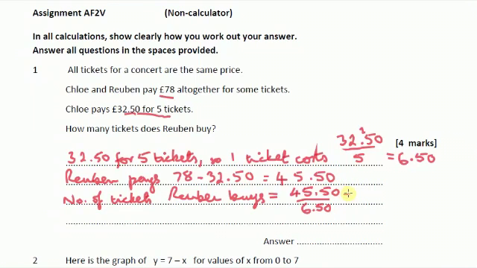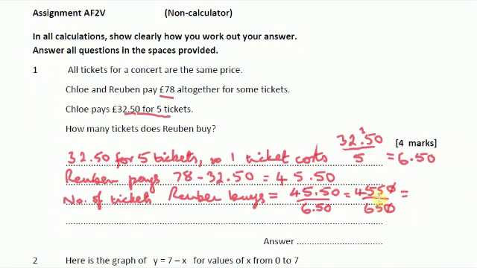You can work this out different ways. I think I'll multiply everything by 100, makes everything easier to get rid of the decimals. 4550 over 650, since it's non-calculator, we can't use a calculator. So we get that, then we can cancel by 10, we can also cancel by 5.